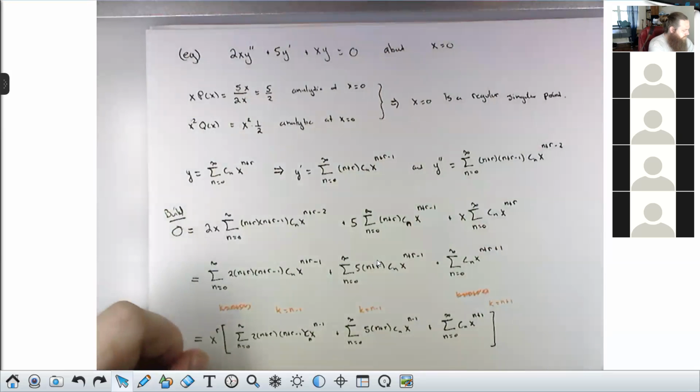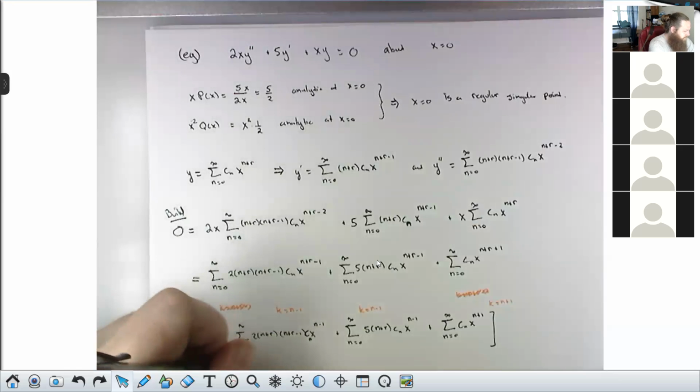So I'll get x to the r sigma k from -1 to infinity.